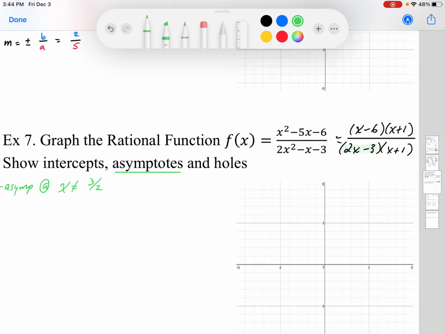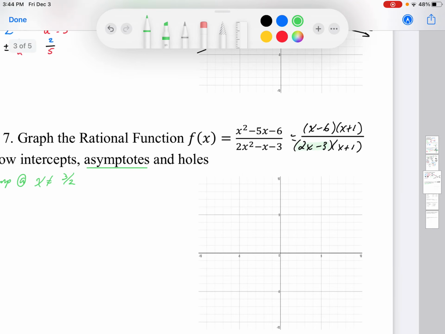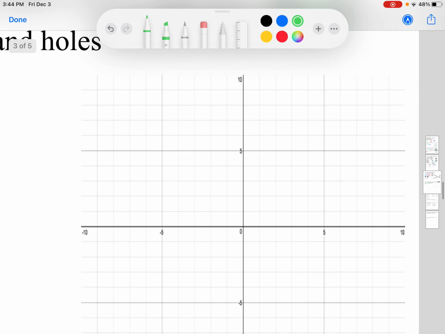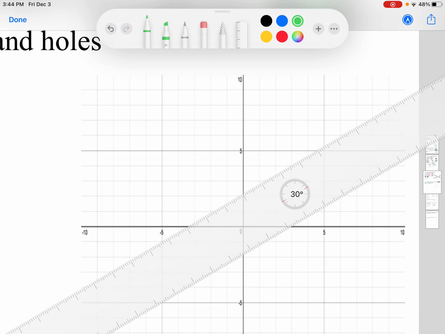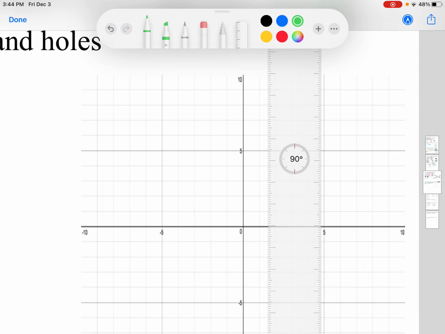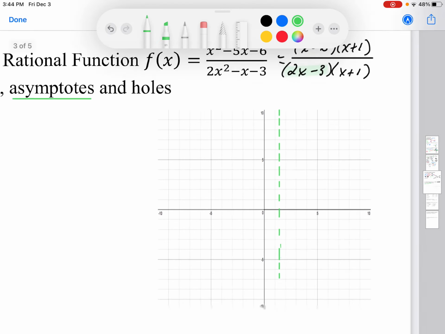We solve for the 0 in that denominator. So I'm just going to draw that in. Here's my graph. I'm going to use my ruler and sketch in that vertical asymptote at positive 1.5. So there's my vertical asymptote.